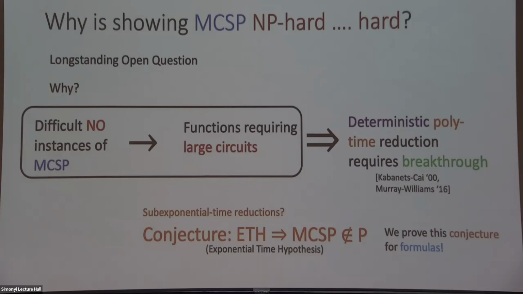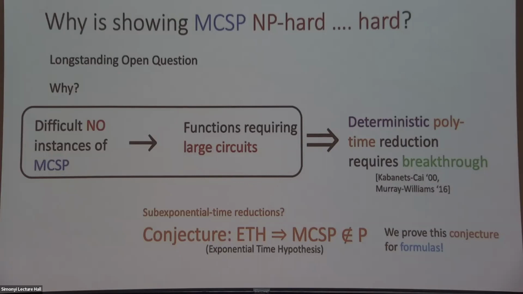And if you want a difficult no instance of MCSP, then you need to make sure that the size parameter is not too small, because there's a brute force algorithm that's going to run in time roughly n to the s, at least for formulas.